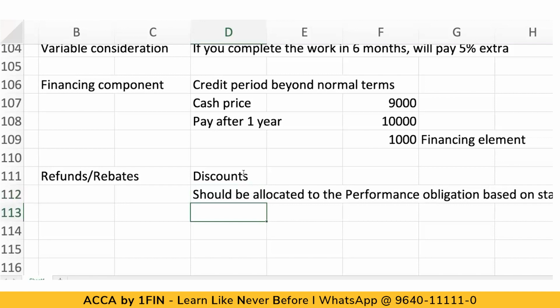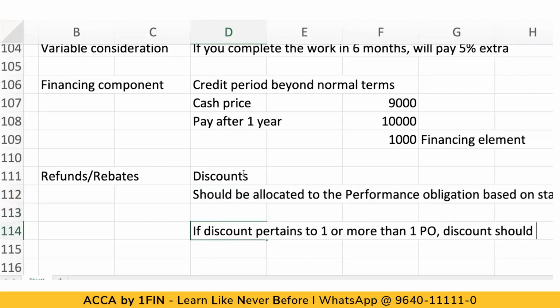Then the standard also says that if a discount pertains to one or more than one performance obligation, the discount should be allocated to those performance obligations only.